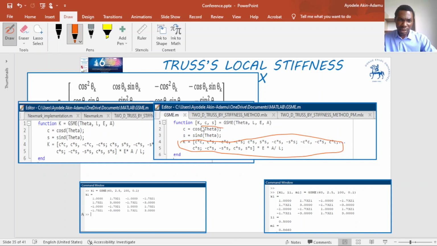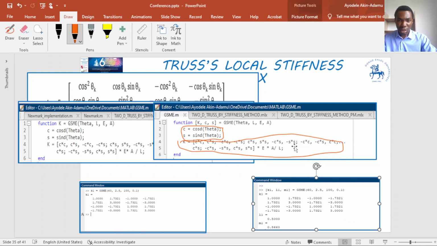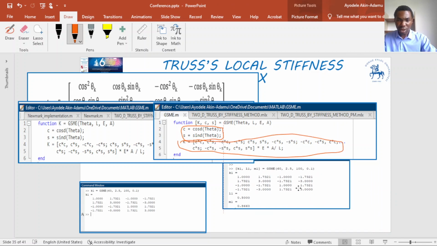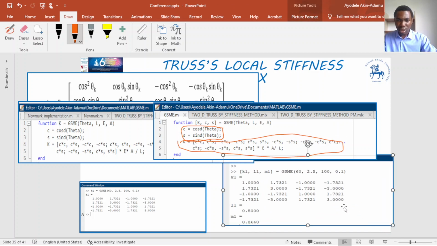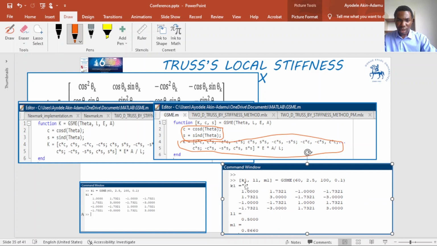I actually need these parameters to calculate my normal stress or to calculate my axial force for each element. So that's why I want Matlab to return these 2 values for me. So for example, to use this function, I use it in the command window here. The name of the function is GSME.